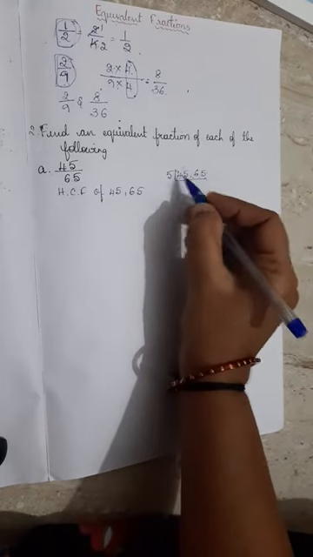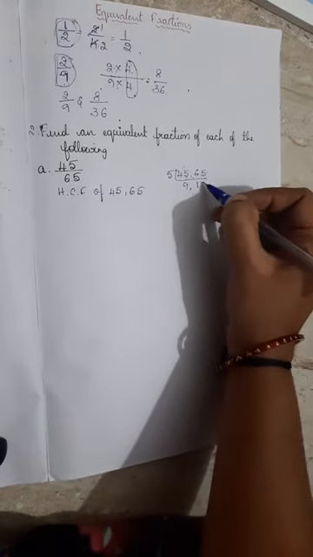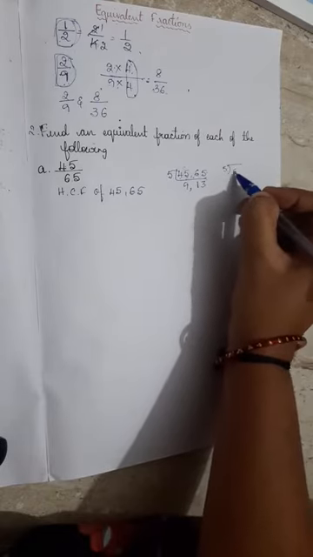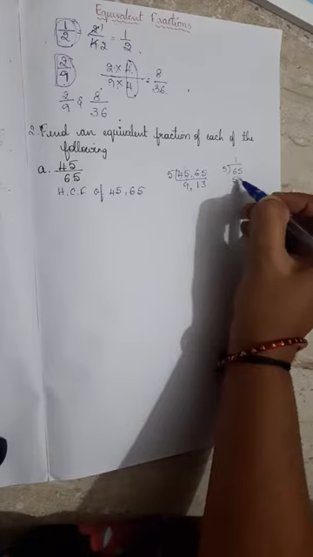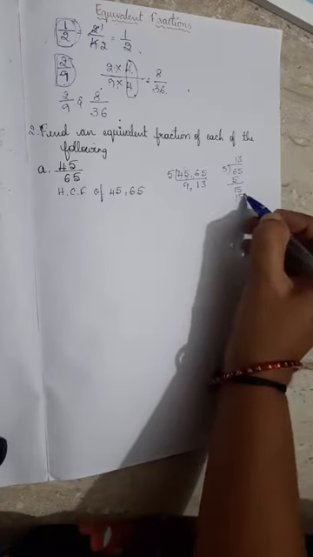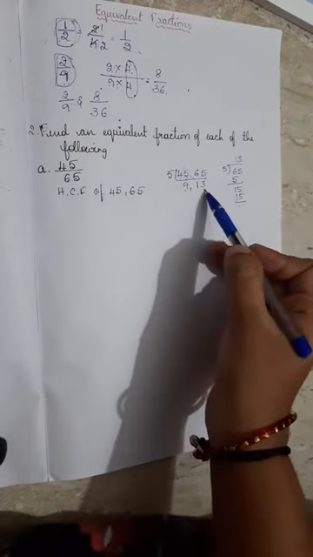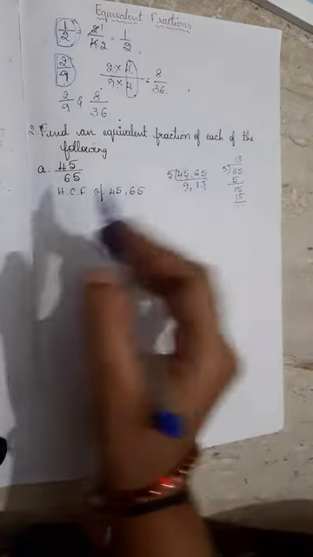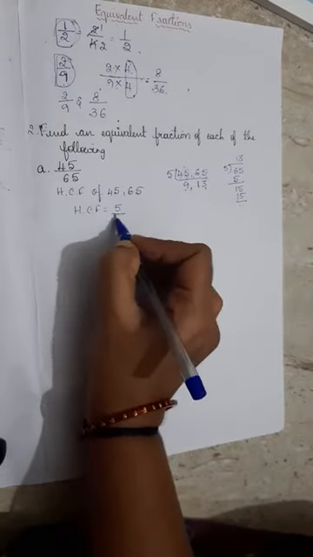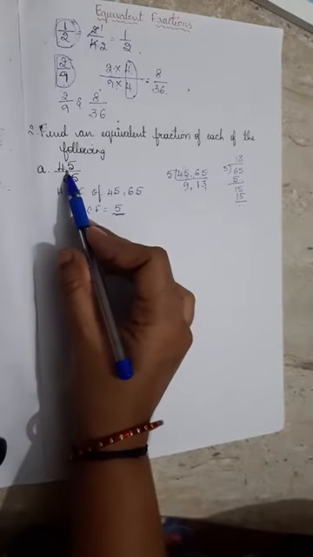So 5 9s are 45, 5 13s are 65. So the answer is 9 and 13. Now do 9 and 13 go in the same tables? No. So the HCF is 5.